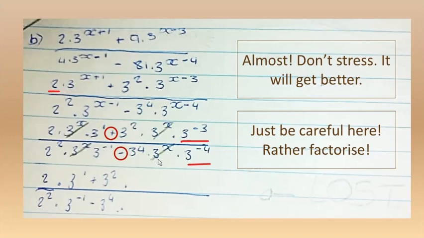We can do this if all you have at the bottom are factors. There is only multiplication. Here you have these two operations, a negative and a positive. All right. So it's better if you factorize first. You could cheat if your teacher allows it, but verify with the teacher.